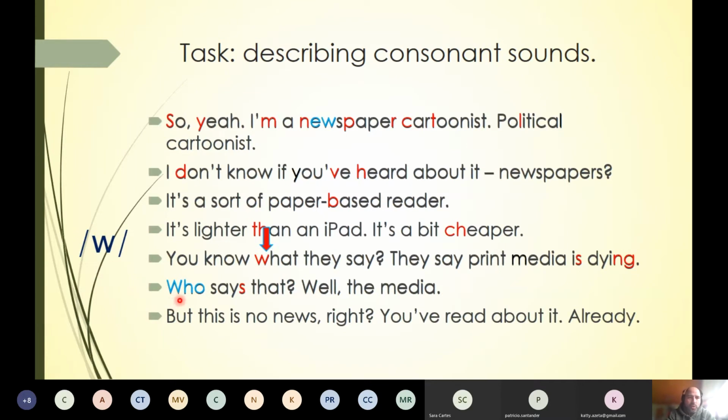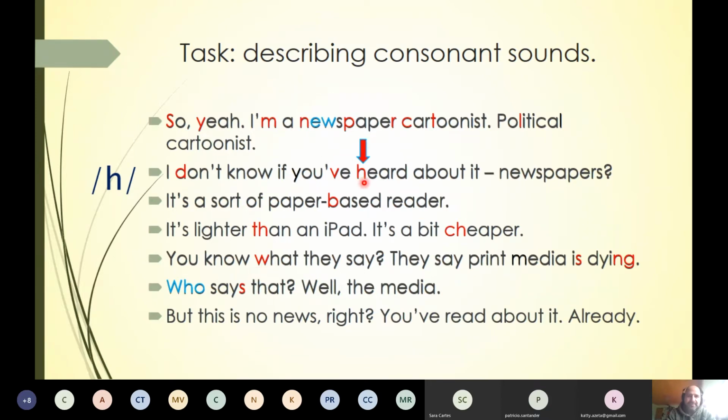But in this case, who is not represented by this sound because it's not the initial sound that we find here, who, but we find the voiceless glottal fricative, right? That we find in this one. Heard, right? Heard, who, okay? So that is misleading. It can be tricky if you find who and you think about what, where, and which that contain this initial sound represented by this symbol. In this case, it's not, right?